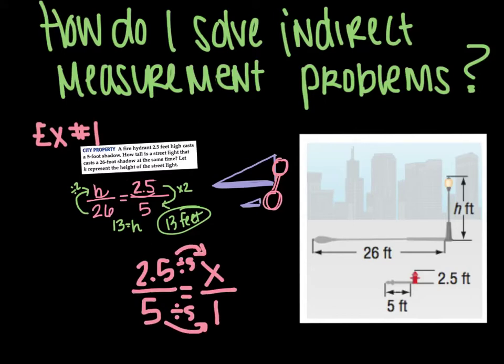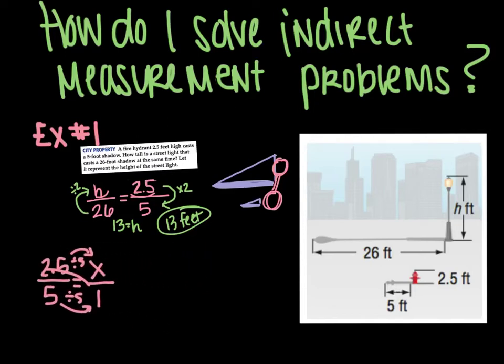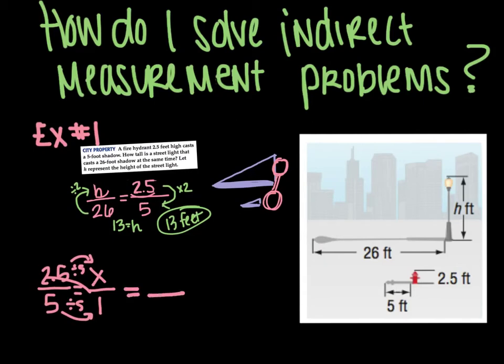And now you might think you're done there, but you're not actually, because now you have to take that and go to what you're actually trying to find. So this was 0.5 here, but that's not what we were trying to find. Yes, we needed the unit rate, but that's not telling us the height of our lamp. Our lamp is out of 26. So now I go from 1 to 26. I'm multiplying by 26.